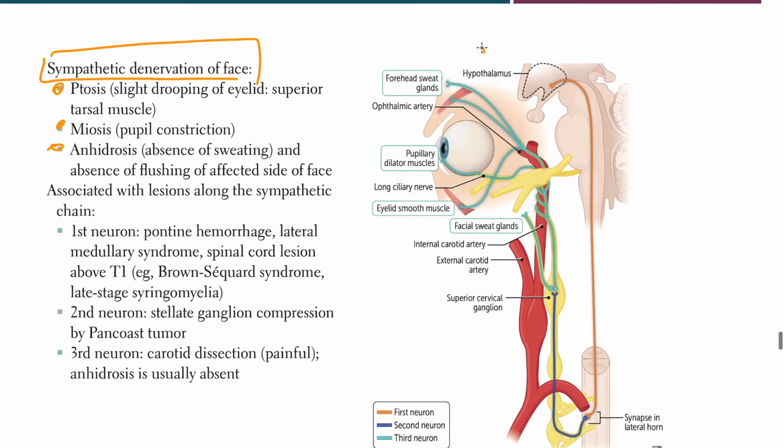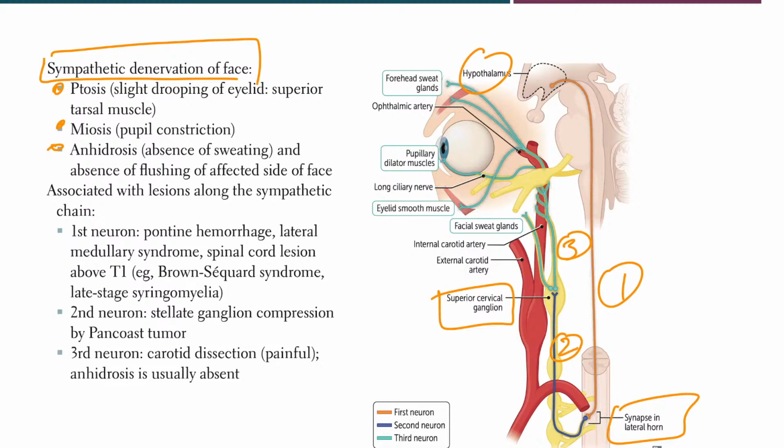So from the hypothalamus, we are getting this first neuron that goes all the way from the hypothalamus and synapses in the lateral horn. From the lateral horn, the second neuron arises and it travels towards the superior cervical ganglion, right? And from the superior cervical ganglion, now the third neuron innervates a couple of structures.